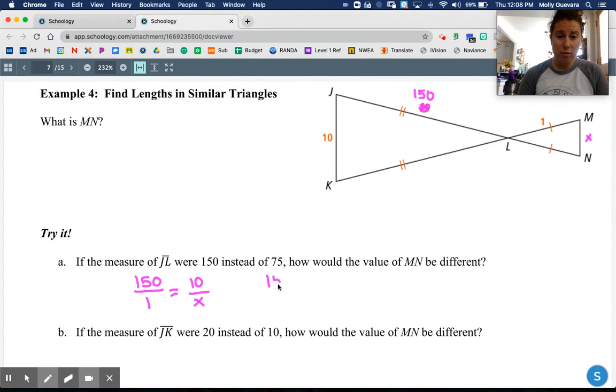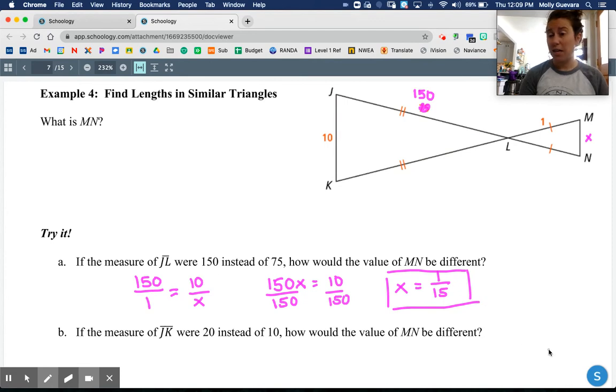So I have 150x equals 10. Divide by 150, divide by 150, and I get x is equal to 10 over 150. The zeros can go away, and I just get 1 over 15. So x would just be 1 over 15 instead of 2 over 15.